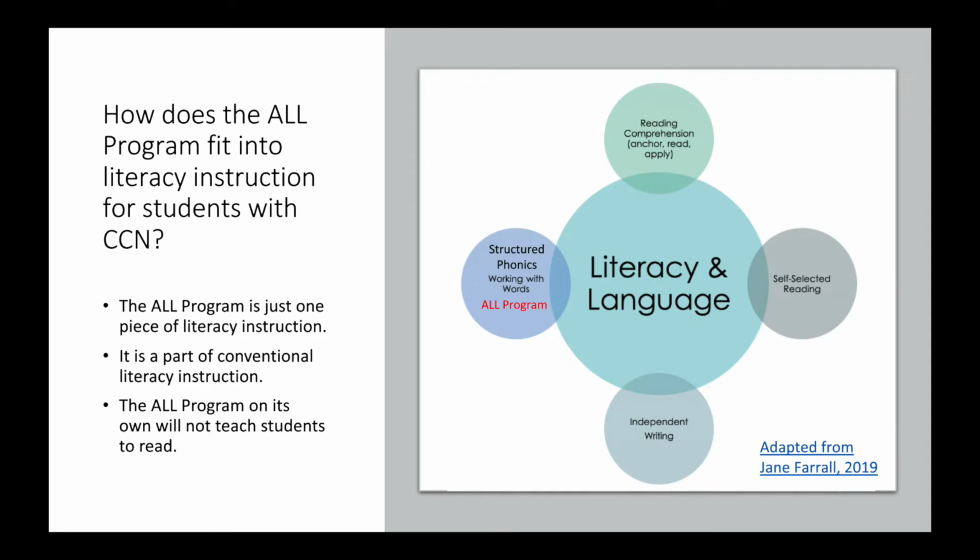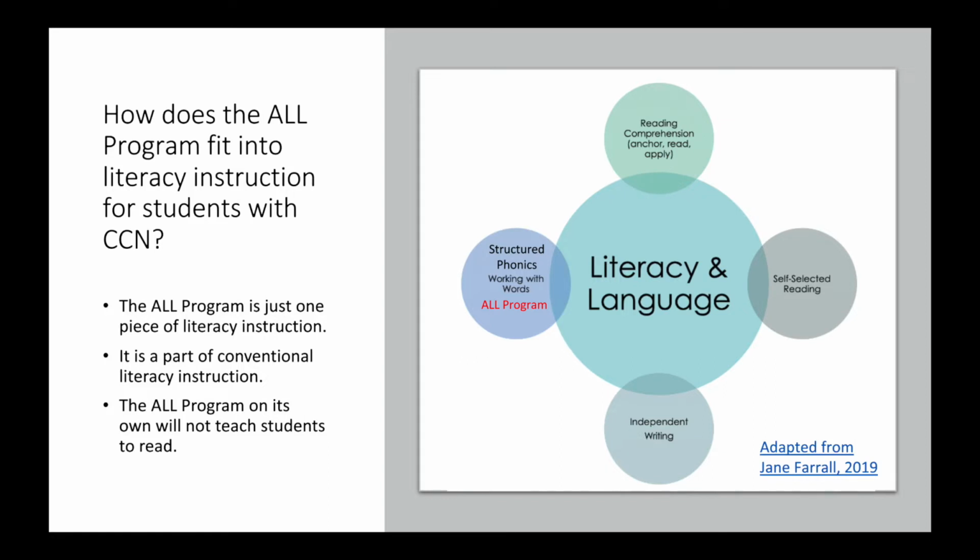So, how does the ALL program fit into literacy instruction for students with complex communication needs, or CCN? For students with CCN, we take a comprehensive approach to conventional literacy instruction. We will talk more about what the term conventional literacy means and how it compares to emergent literacy.